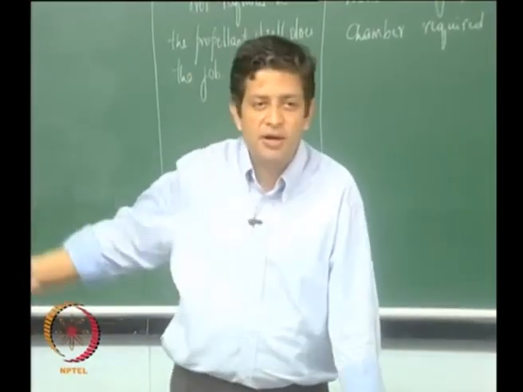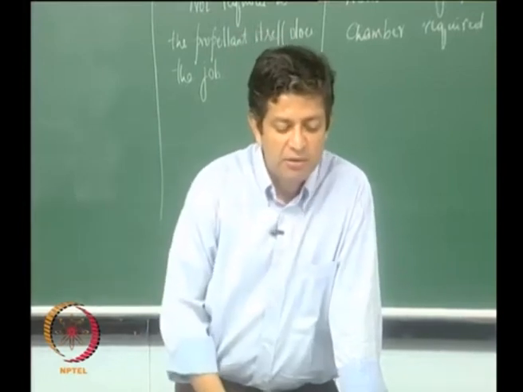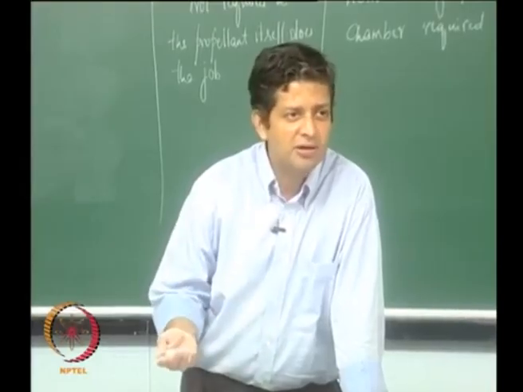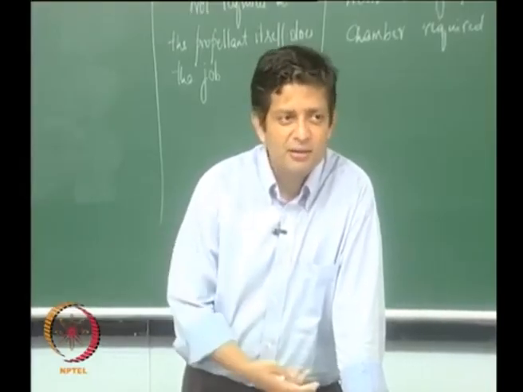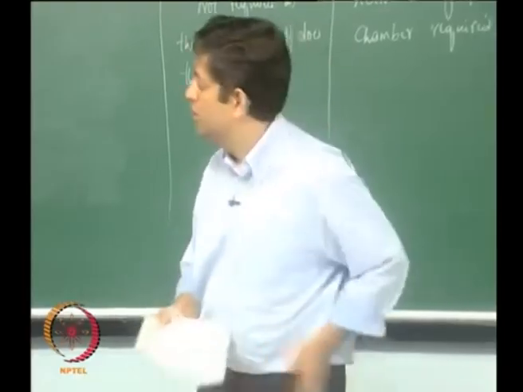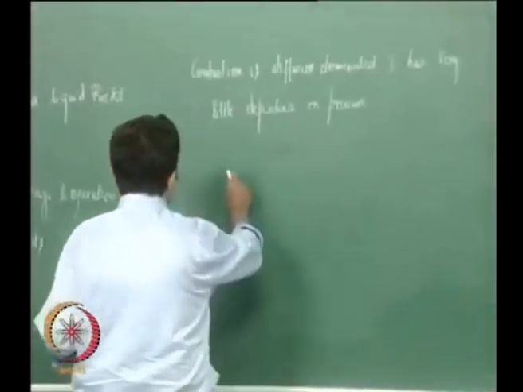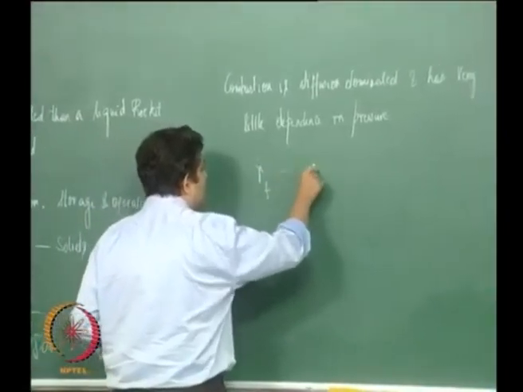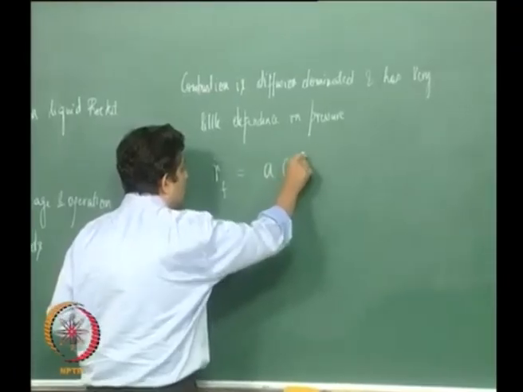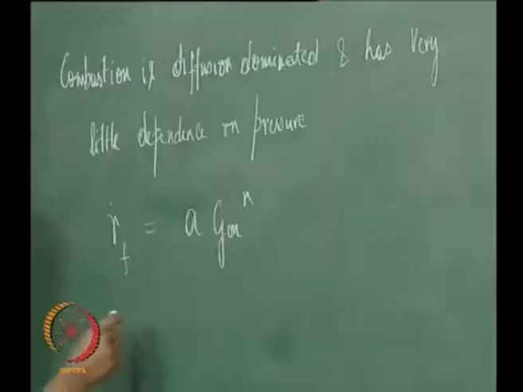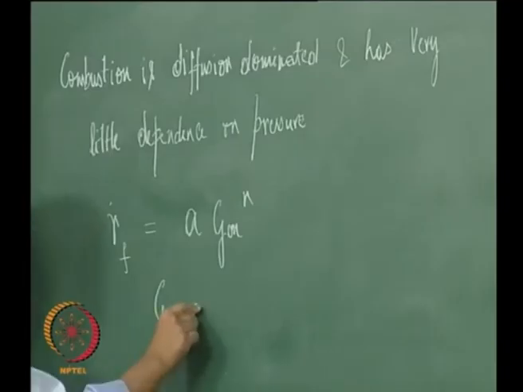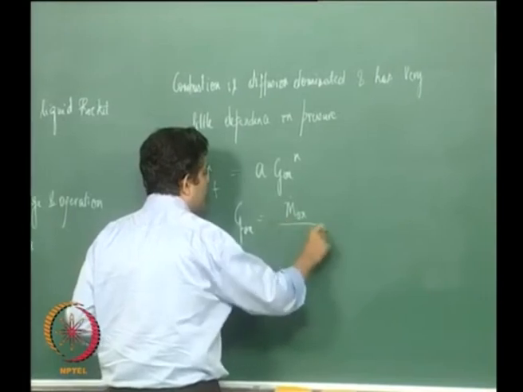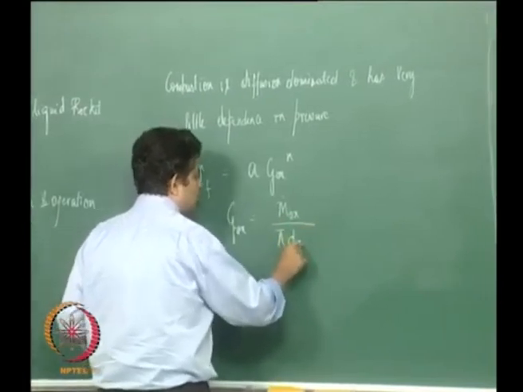Oxidizer is according to the relationship that we already have, but if you look at the fuel mass, it is still rho p a b r dot, but the burn rate here is given as, where GOX is nothing but mass flux of oxidizer.